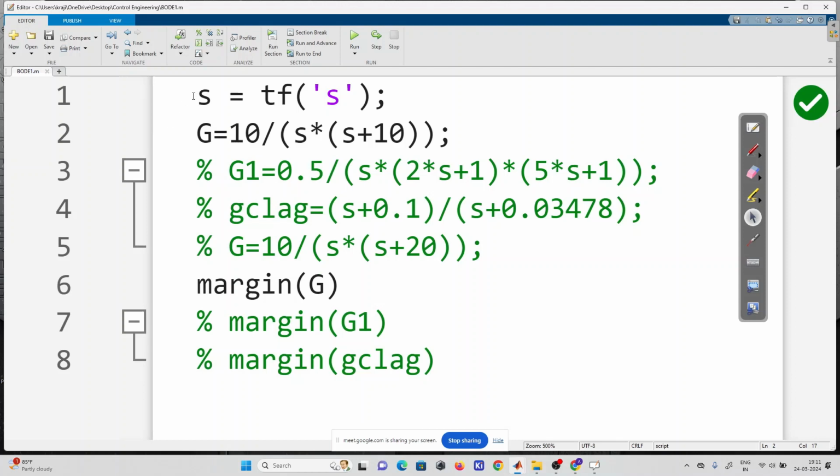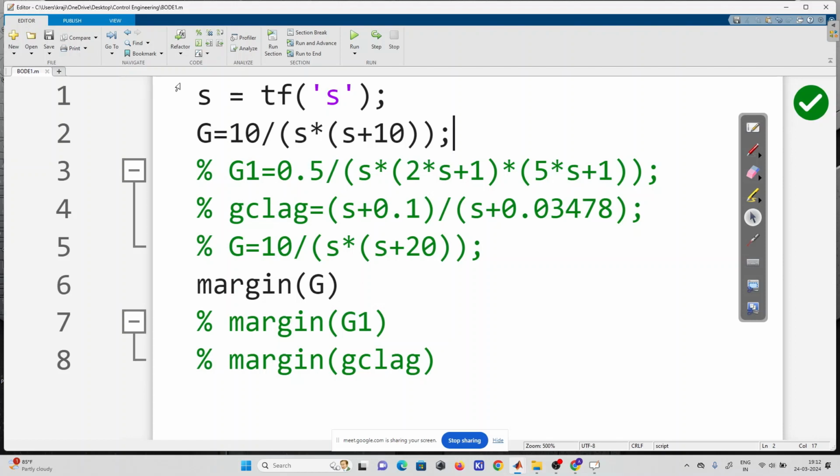To define the transfer function, we write the syntax s is equal to tf, with a single quote s, and then we can write any transfer function in terms of s. I have written here g, the system transfer function 10 divided by s into s plus 10, and margin will give the Bode plot. In place of margin we can write bode also, but if you write margin then it will show the gain margin and phase margin on the same Bode plot.